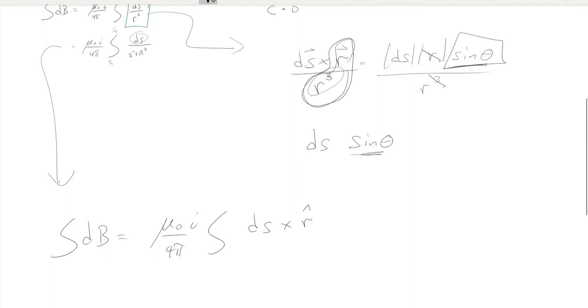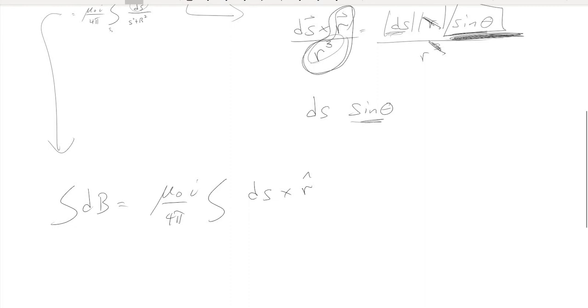We brought in another vector of r, but then we allowed the magnitude of that vector r to be canceled out, leaving only the angle relationship between vector r and vector ds. And that's all I need, because I don't need another r vector. What I need is the angle relationship between ds and r. And that's exactly what I have now.